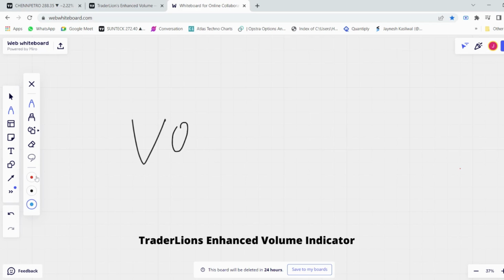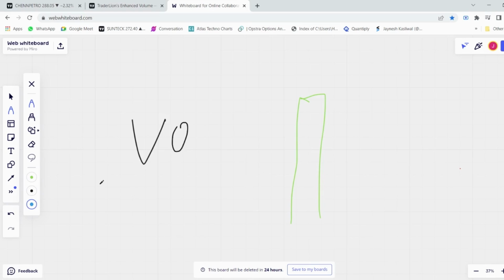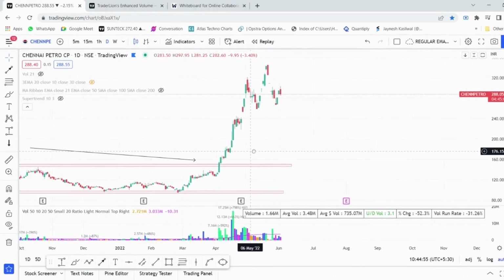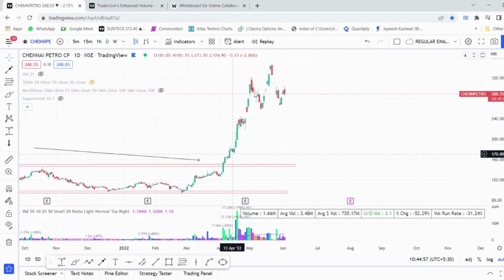Now whenever we see a big green volume bar, this means that this is the highest volume bar compared to the last 10 down volume days, right? So what does down volume days mean?